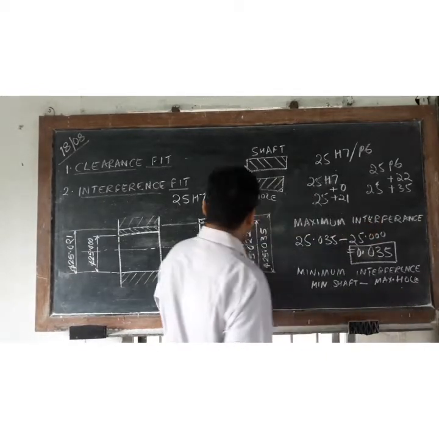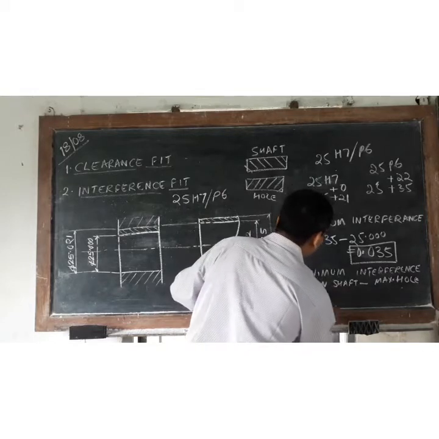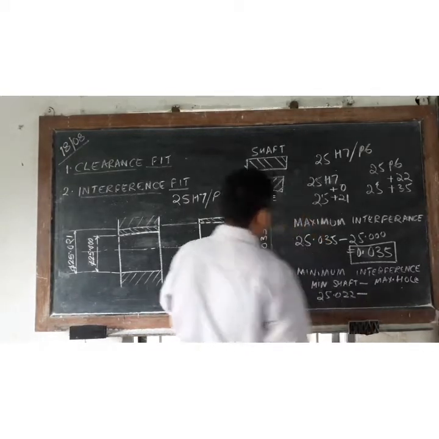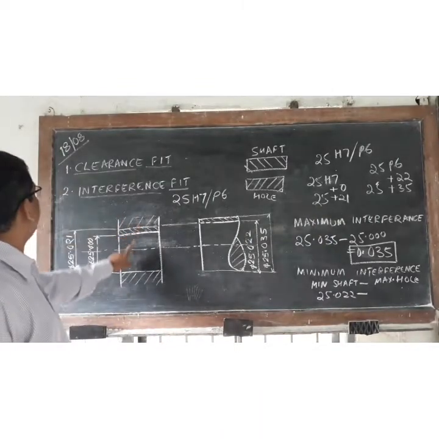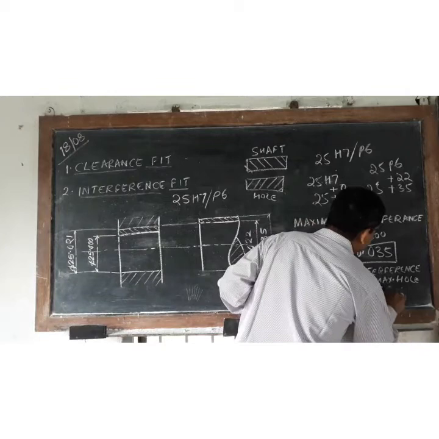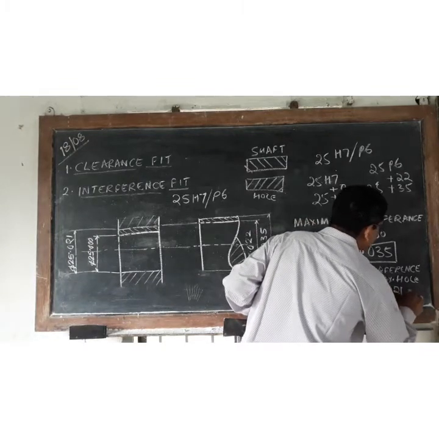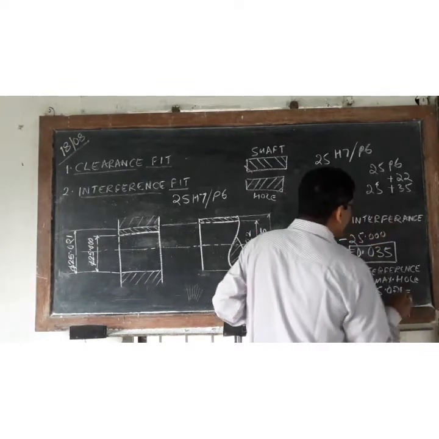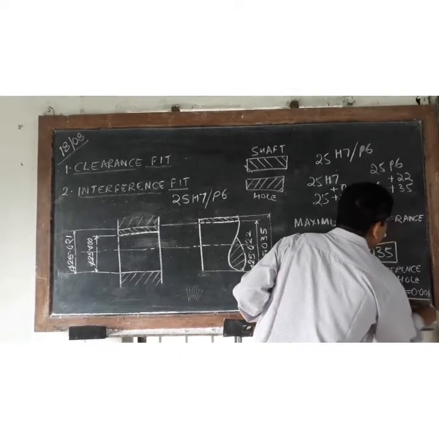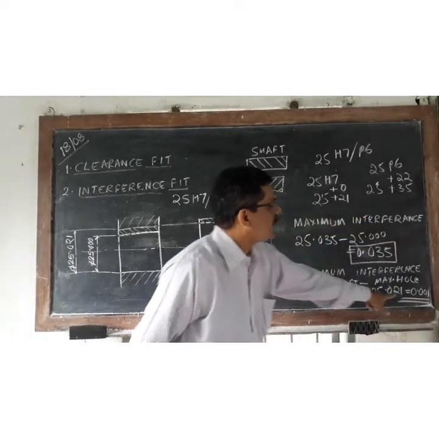So minimum of the shaft is 25.022 minus maximum of the hole you can maintain, it is 25.021. So it is equal to only 0.001. Okay, this is the minimum interference.